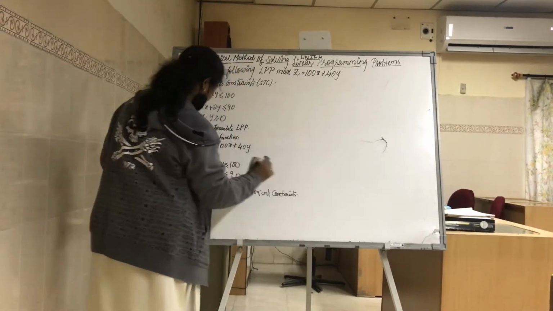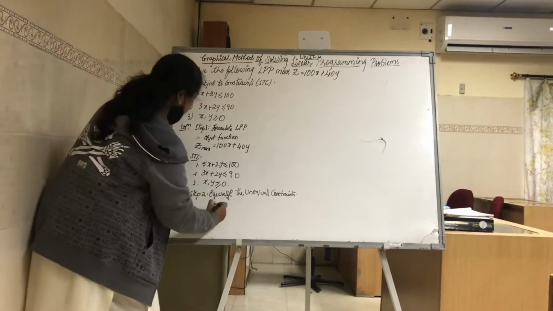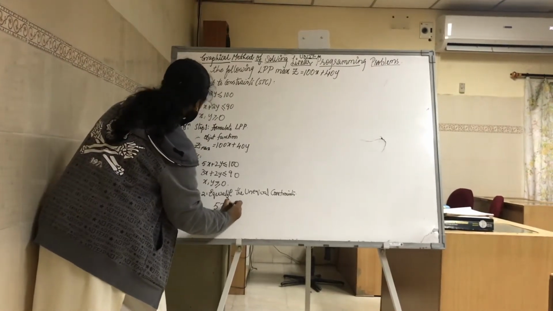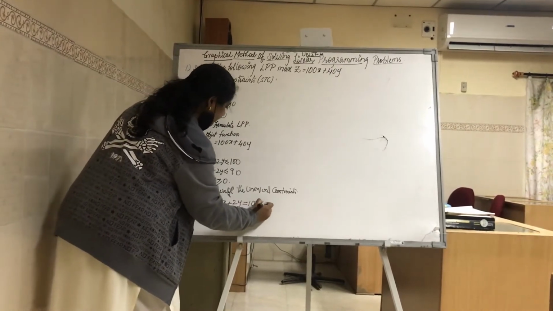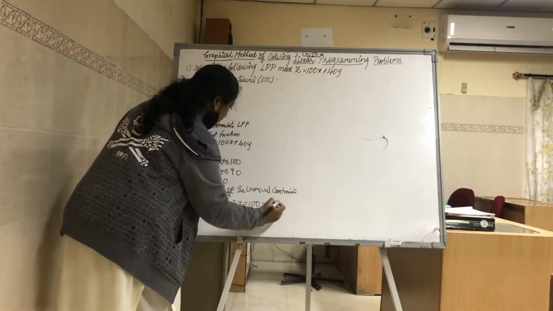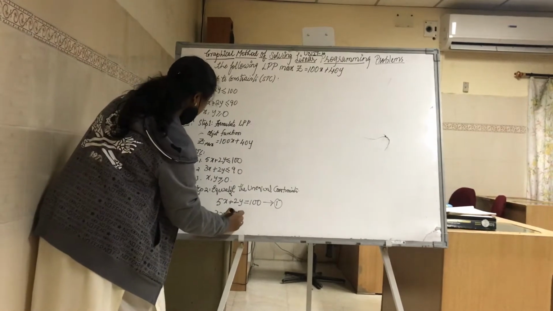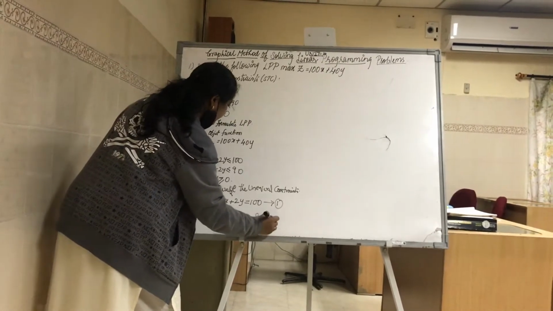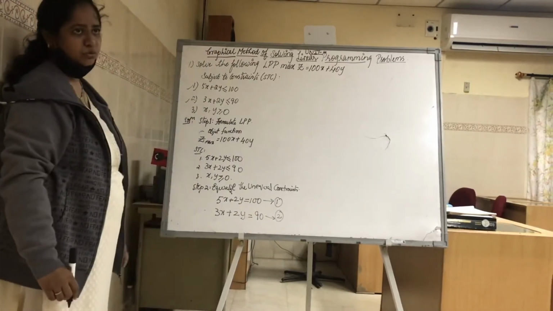Equalize the unequal constraints, that is we are going to take the first and second equation, that is 5x plus 2y should be equal to 100. This is your equation 1. Then 3x plus 2y should be equal to 90. This is your equation 2. So this is your step 2, students.